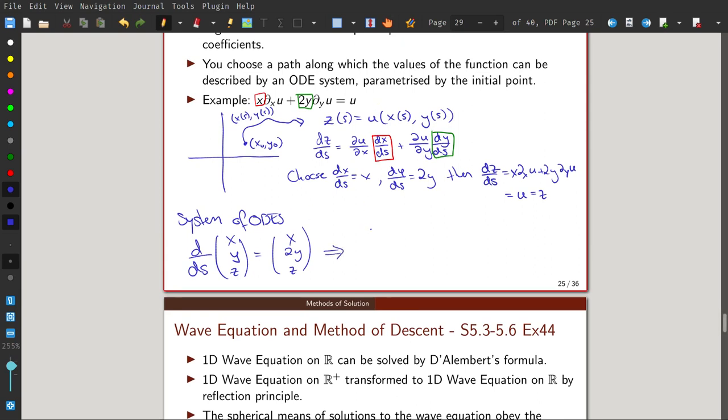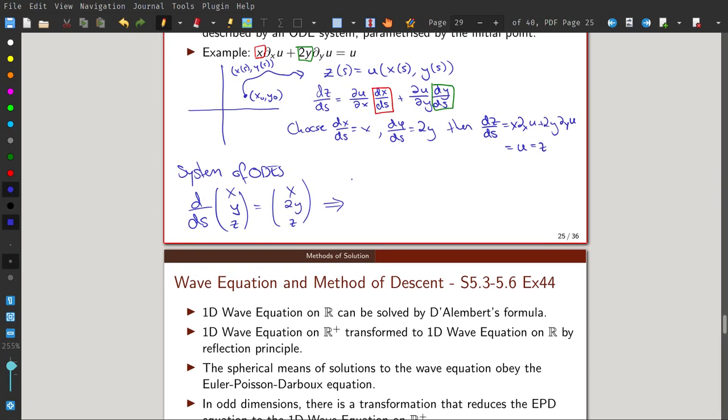And then this is a very easy system of ODEs to solve. All right. This system of ODEs is solved by, in this case, x is equal to x0 e to the s, y is equal to y0 e to the 2s, and z is equal to z0 e to the s.